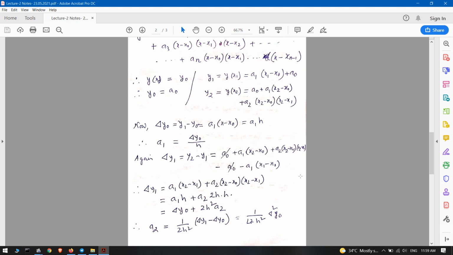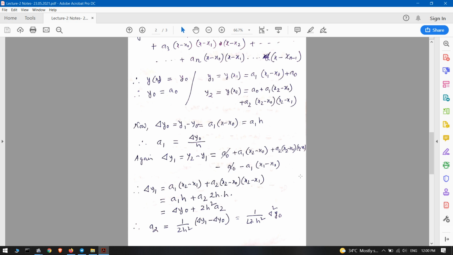Similarly, next terms and the last term also, all the terms are 0. So we can write, since it is already given that y of x1 is y1, y1 equal to a1 into x1 minus x naught plus a naught.